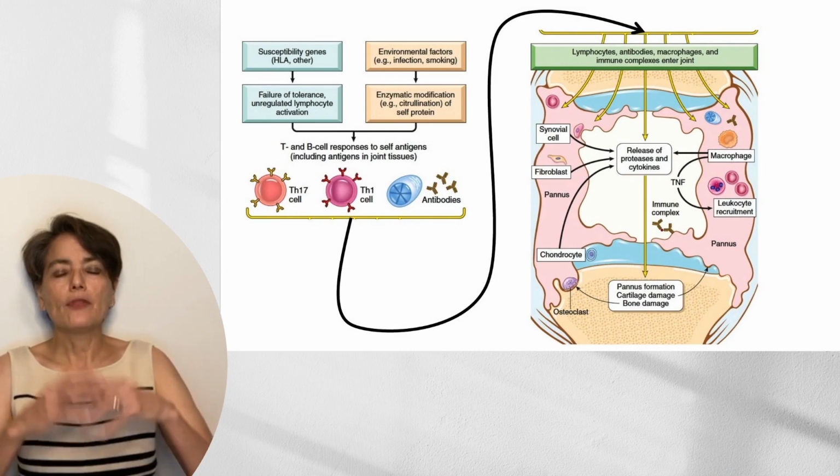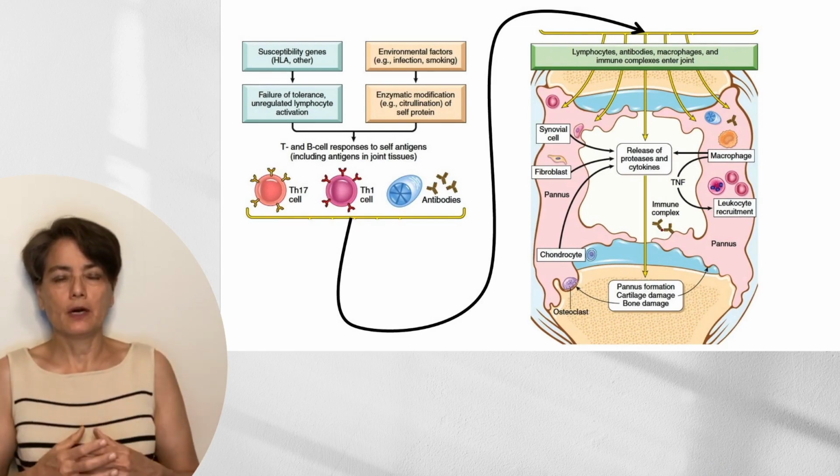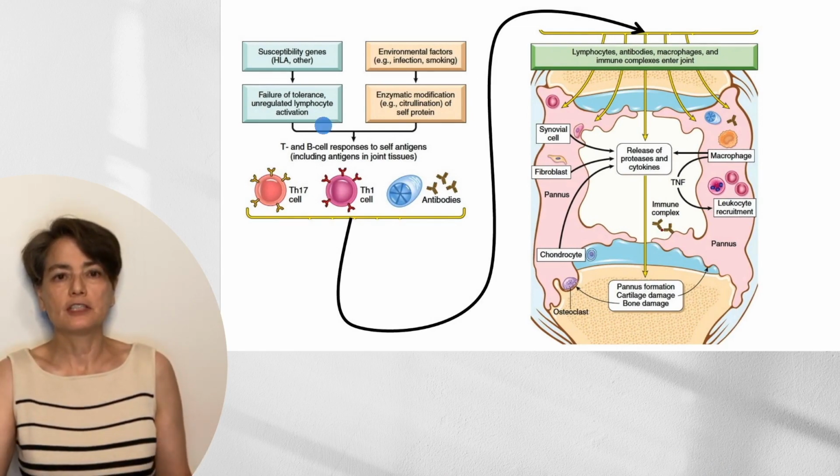So let's look at the big picture of what's going on in rheumatoid arthritis. So we have our susceptibility genes, which are going to lead to a failure of tolerance and unregulated lymphocyte activation. As with all of our autoimmune diseases, we have a genetic as well as an environmental component, so let's bring that in. We have some sort of infection that may cause molecular mimicry and recognition now of self-antigens.